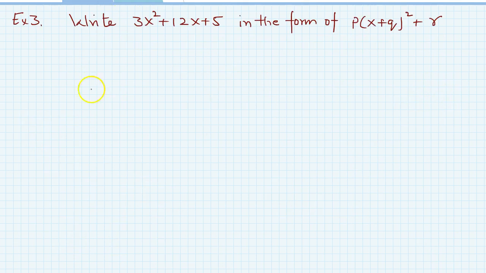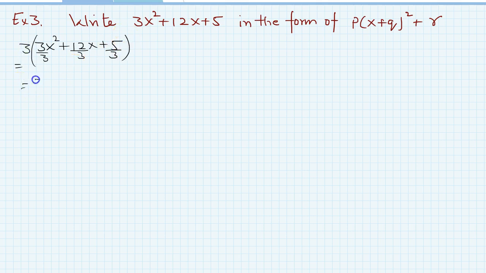Now there's another question. Write 3x square plus 12x plus 5 in the form of (px plus q) square plus r. So we can do this in both methods. So that is 3x square plus 12x plus 5. So we can divide all the terms by 3. Remember, this is not equal to 0 here. So the 3 will be here.